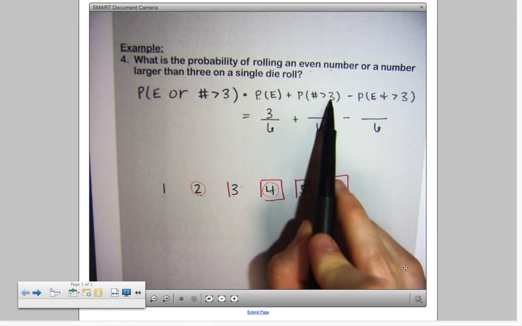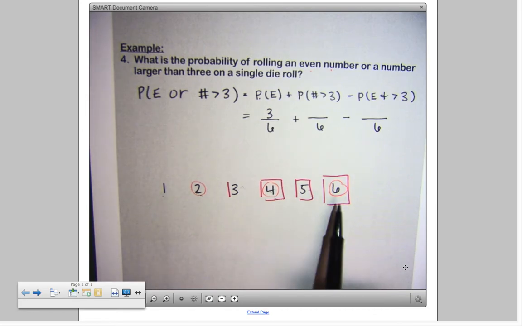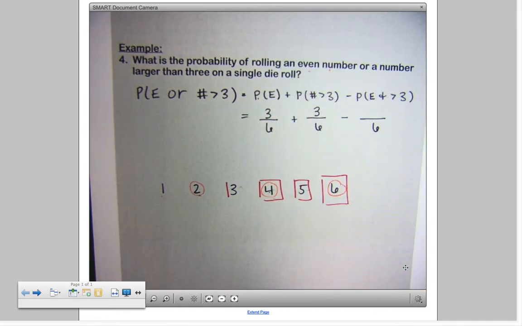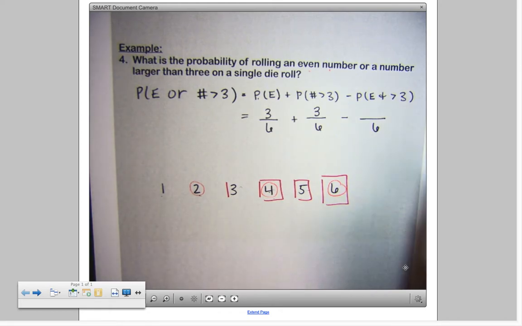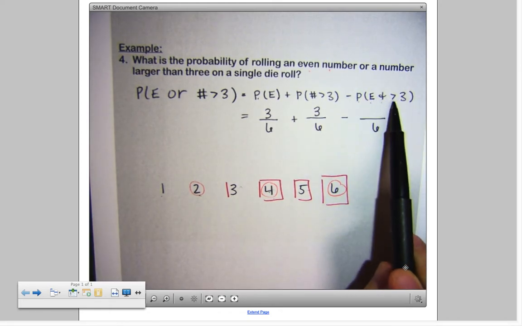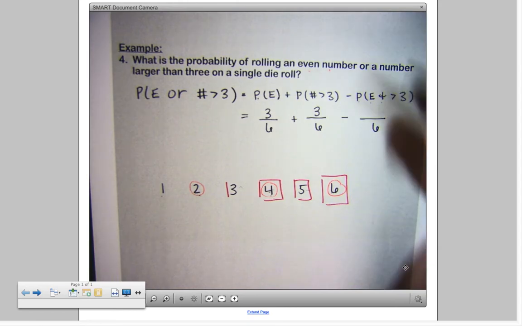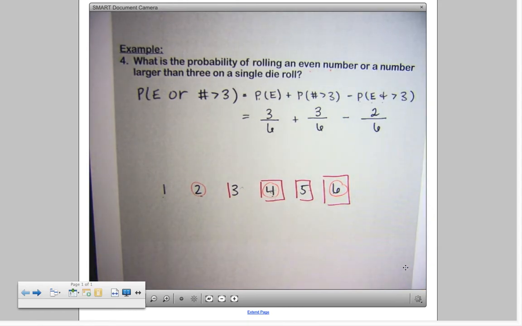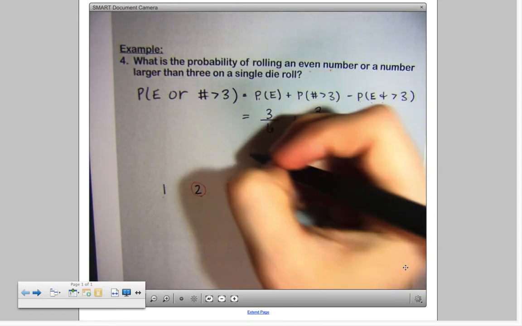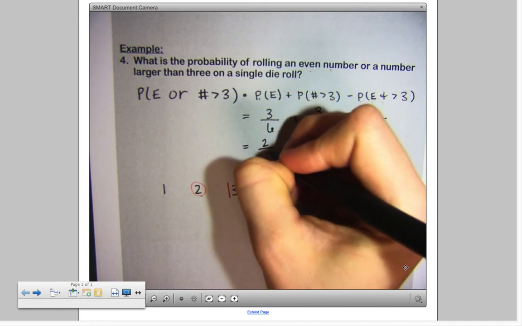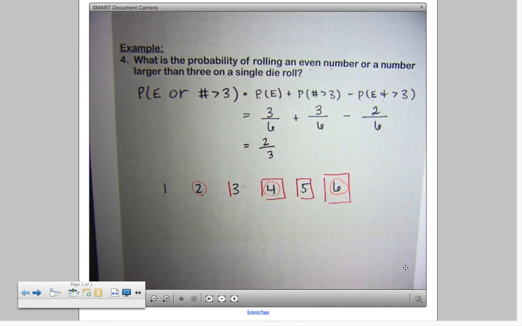The probability that the number is greater than 3: 4, 5, and 6, so 3 options. The probability that it's even and greater than 3: 4 and 6, so only 2. If I add and subtract, my probability would be 2/3.